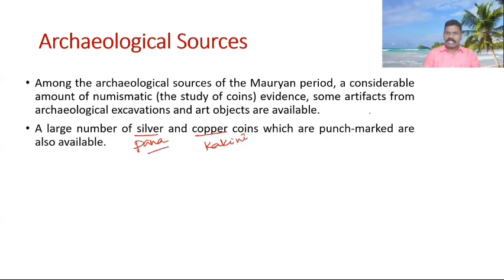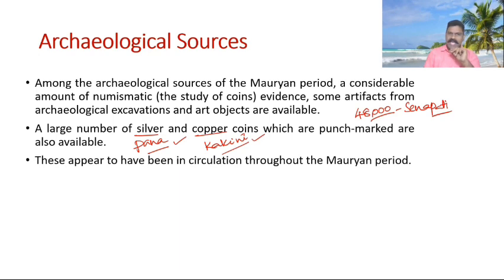For example, according to Kautilya's Arthashastra, 48,000 panas were given to one army commander, the Senapati, but he did not give the information whether it was for the month or for the year. That was not clear. So pana was the silver coin, and kakini was a copper coin, also called the common people's coin.